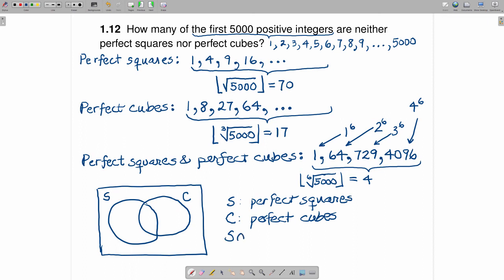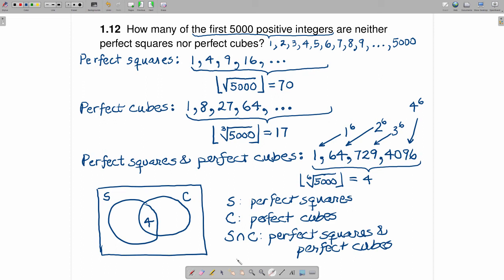Now we know that S intersect C will be the perfect squares and perfect cubes. These numbers, 1, 64, 729, 4,096, fall in both categories. They are both perfect squares and perfect cubes, and we know that there are 4 such numbers. So in this space, I'm going to write the number 4, indicating that there are 4 numbers in that particular slice of the Venn diagram.